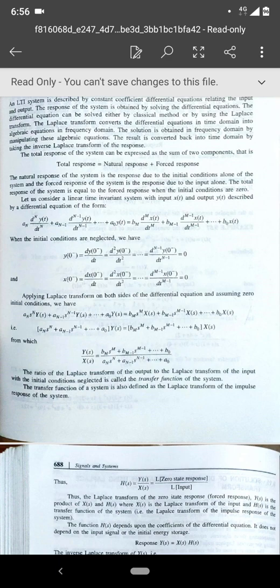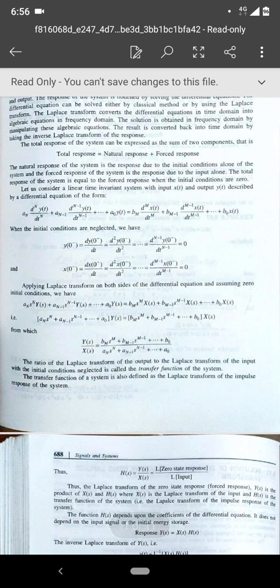The system may have some initial conditions: a capacitor may have some stored voltage, or an inductor can have a stored current in its magnetic field. So there will be some storage elements which may have some initial values. What is the response of the system to those initial values? That is called the zero state response.